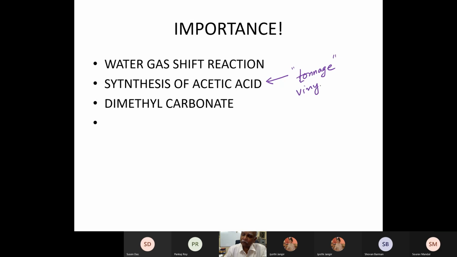Vinyl acetate is one of the major products that are generated from acetic acid. So acetic acid is required for that. There are other compounds which are generated from acetic acid, apart from the fact that vinegar itself is just acetic acid. So carbon monoxide chemistry is extremely important.